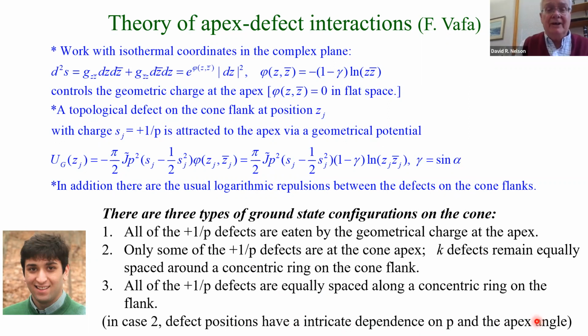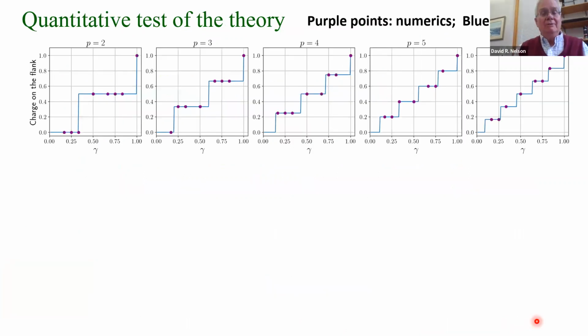And Farzan found that exactly. And we know he's right, because it agrees with our numerical simulations exactly. So what's shown here is the charge of the flank defects for various values of P. I think Grace chose P equals 2, 3, 4, 5, and 6.